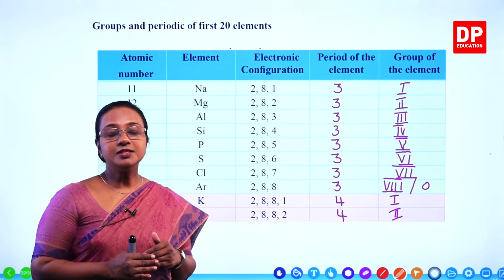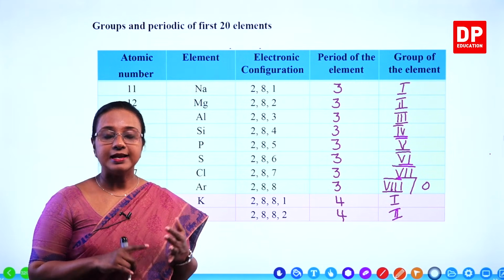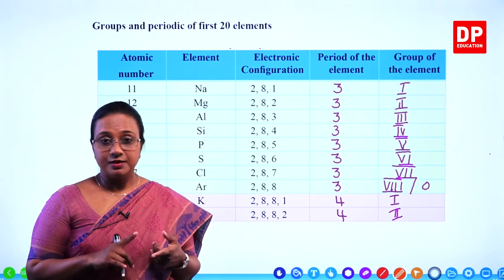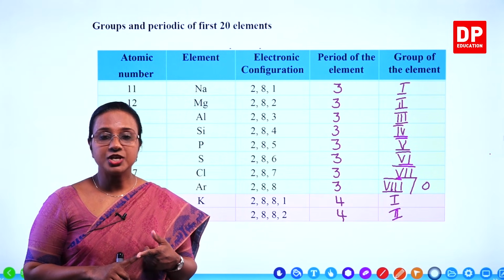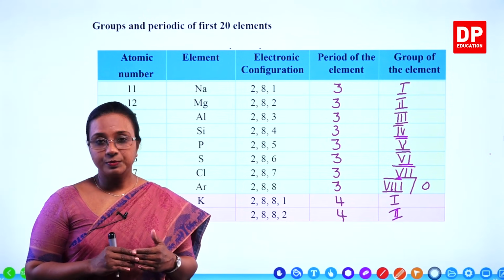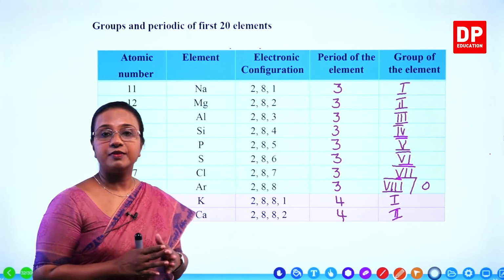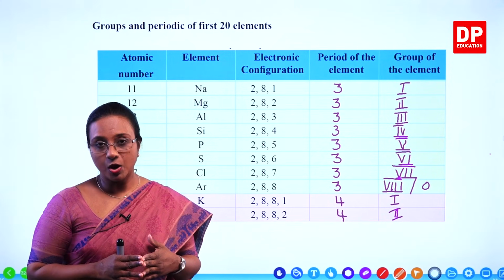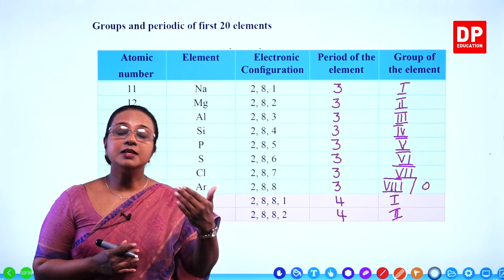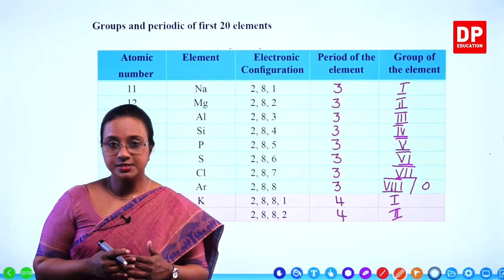So, with these students, you have a very good understanding about writing atomic numbers, mass numbers, standard symbol, dividing electrons into their shells, that is the electronic configuration, then arranging them into periodic tables and identifying the position of elements from a periodic table. If they ask you, identify the position of phosphorus in the periodic table.